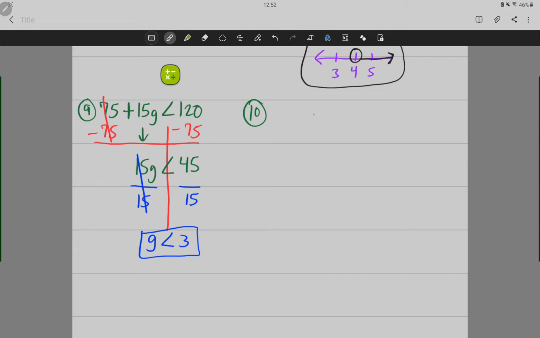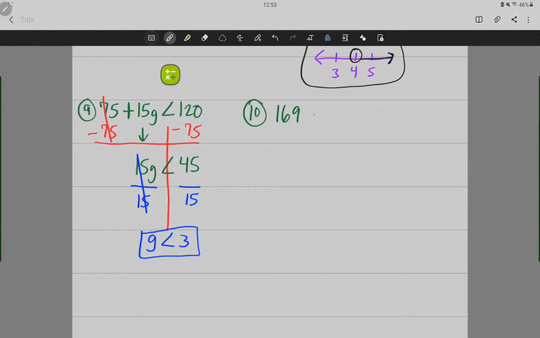Okay, number 10. Nick bought a tablet for $169. So he spent a maximum of $216. What is the greatest number of ebooks that Nick could have bought? Okay, so piece by piece, he bought a tablet for $169.